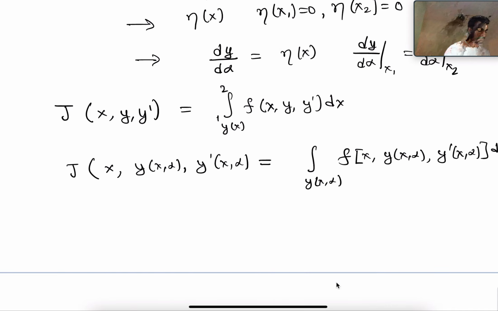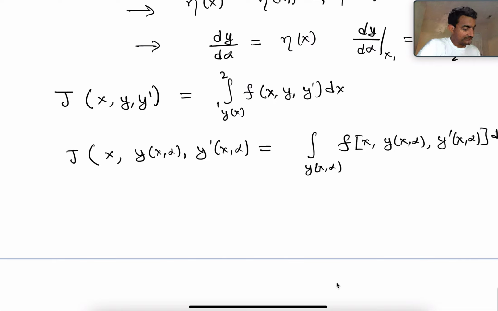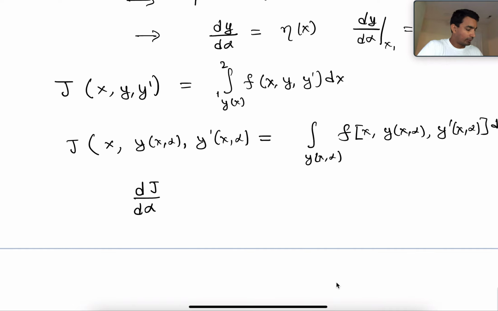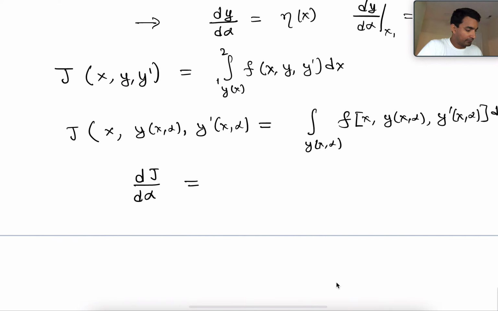Why are we doing this? Once we have J as a function of x and alpha, we can look at the quantity dJ by d alpha. Since this path is infinitesimally close, dJ by d alpha must be equal to 0 at alpha equals 0, because when alpha is 0 we go back to the original function y of x.